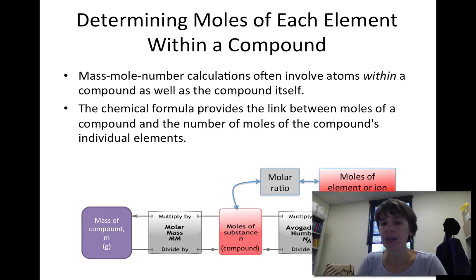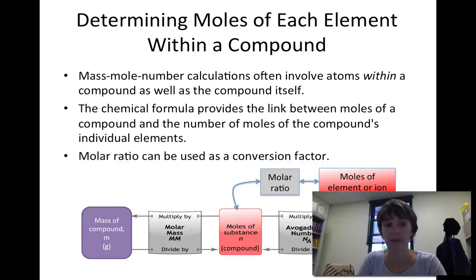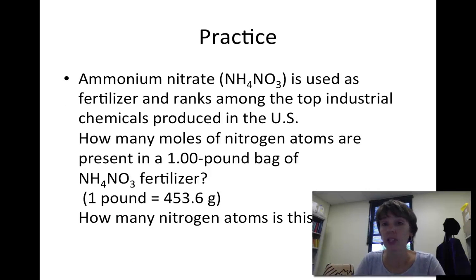If we need to figure out how many atoms of an individual element we have within the compound, then we need to look at the molar ratio of how many, say, nitrogens there are in a molecule or a formula unit of, say, ammonium nitrate. So that molar ratio can be used as a conversion factor, and it's really best to just look at this in the form of an example.